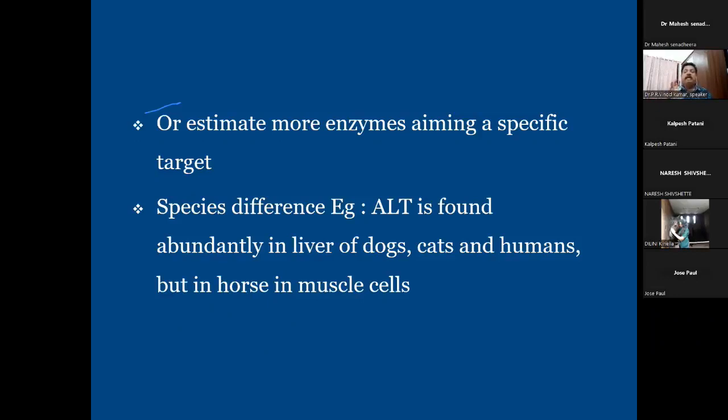So ALT is found abundantly in the liver of dogs, cats, and human beings. In human beings, ALT is very important. When the doctor considers ALT, a simple, light hike in the ALT itself will be considered very seriously in human medicine. But abundant ALT is found in the muscle of horse. So can we consider ALT as liver specific in the horse? No, it is skeletal muscle specific.